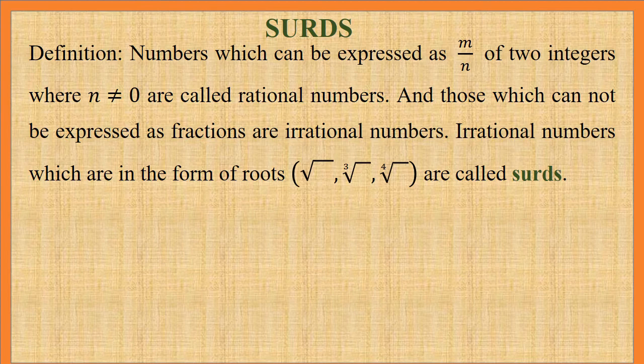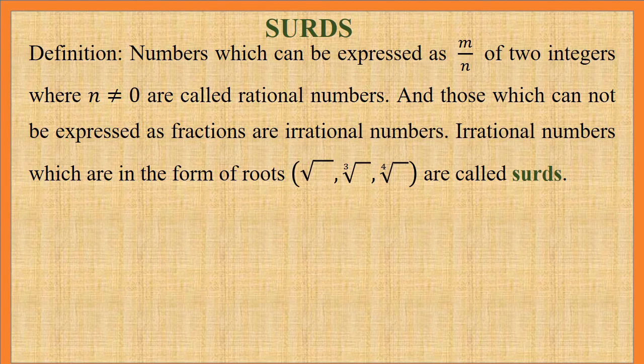We all know what a perfect square is. When you take the square root of a particular number and it gives you a positive whole number, then that number is a perfect square.